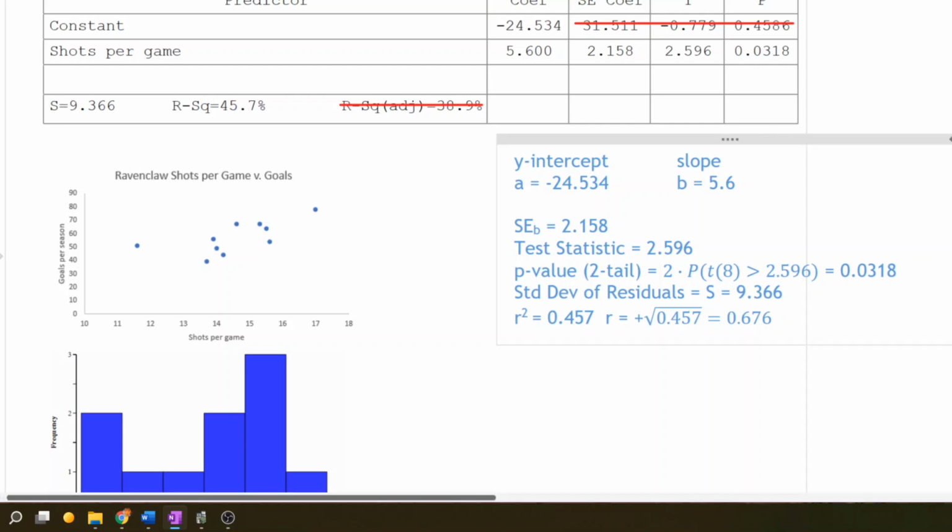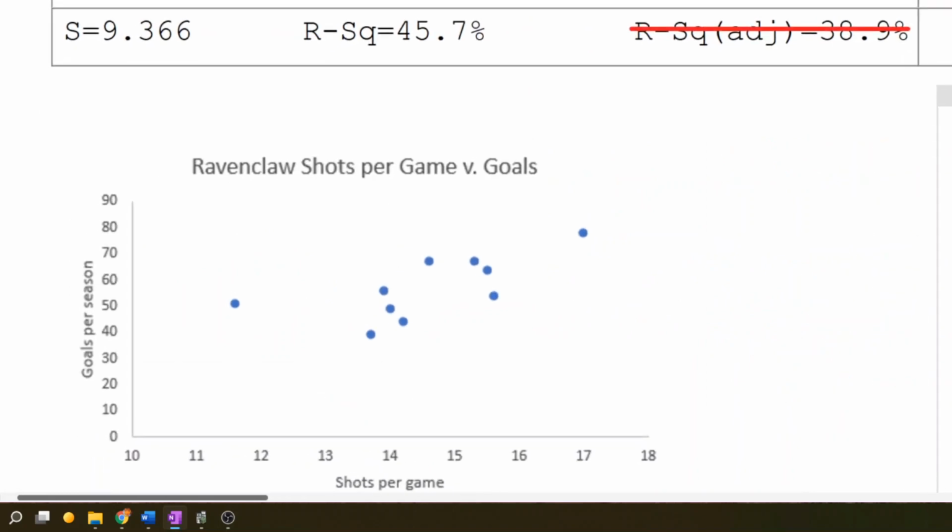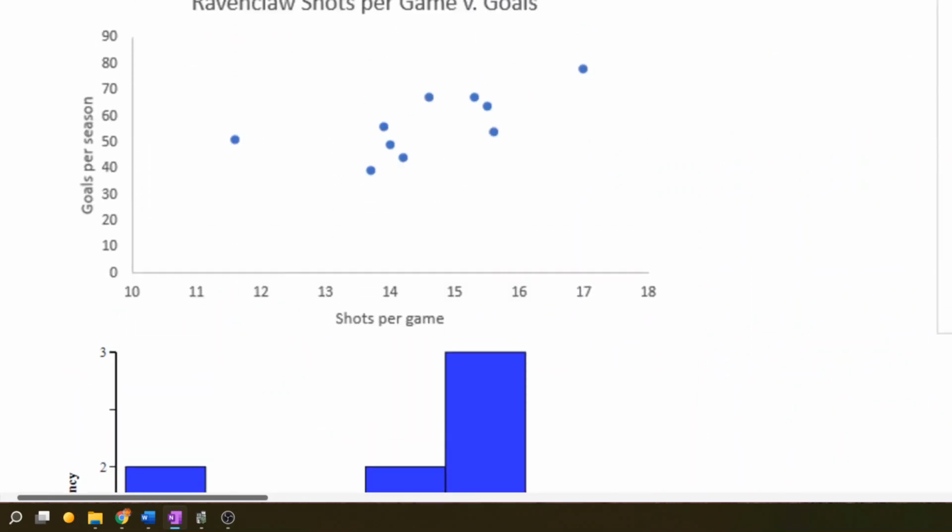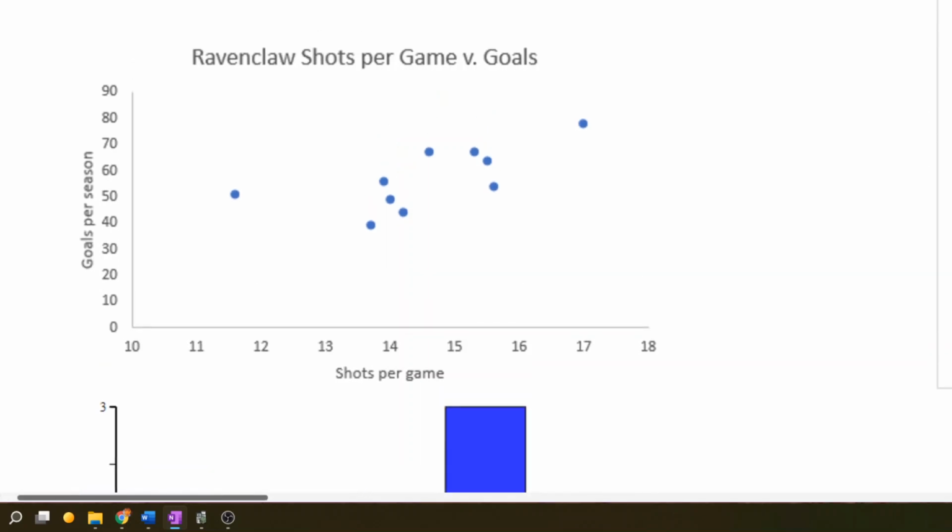Now let's just take a look at the graphs that we have here. I'll zoom in on them. This first graph that you see, that is the dot plot, and specifically it's a dot plot of shots in a game versus the number of goals. So we see that this one right over here looks like about 11.5 shots per game. That's going to give us about 52, maybe 51 goals on average. Over here at the very end, we have about 17 shots per game.